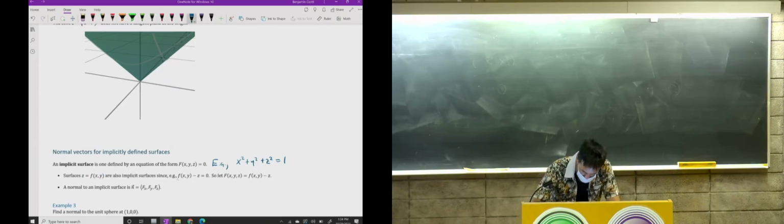So then you'll have f of x and y minus z equals 0. In other words, some expression involving x, y, and z equals 0. So you would just set the left-hand side equal to capital F of x, y, and z.